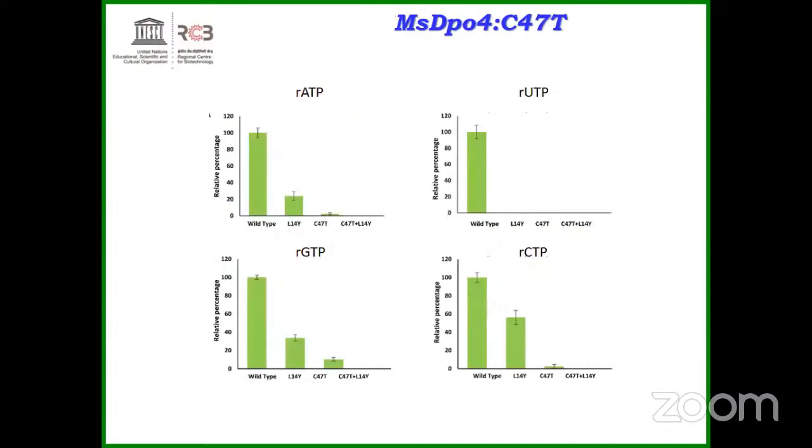And then she did a lot of biochemical experiments, mutated the cysteine 47 residue to threonine, and then the enzyme was not able to incorporate any ribonucleotides.